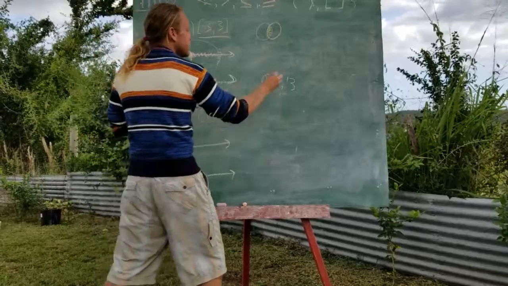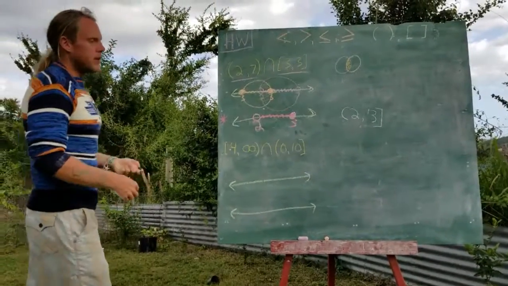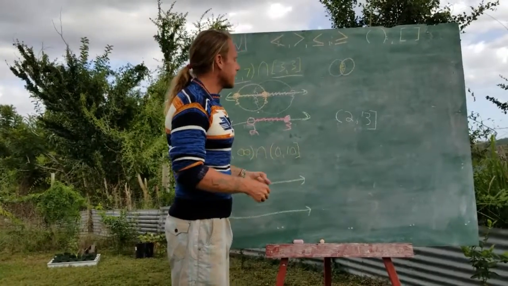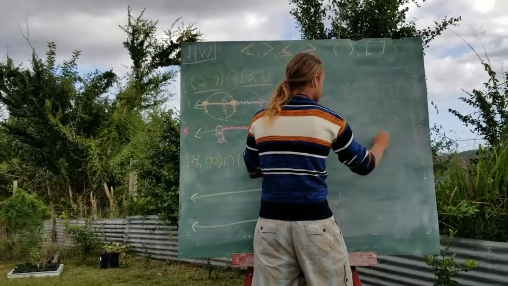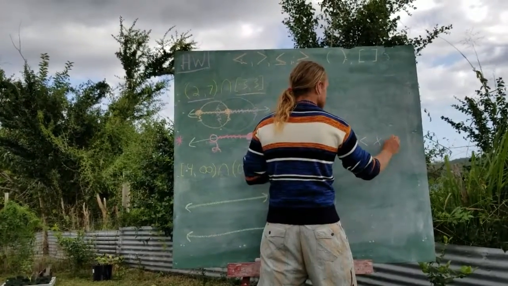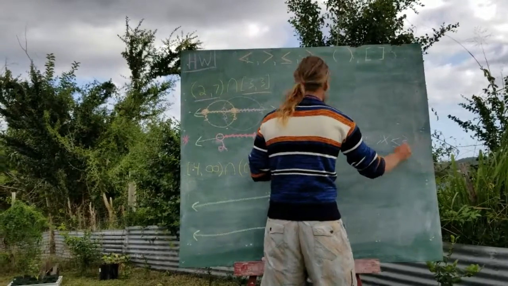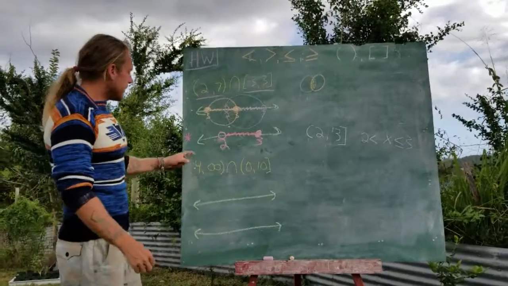We are including 3. So there we go. I don't believe we were required to do this, but if we were to write this as an inequality, we could say that 2 is less than x, and x is less than or equal to 3. There we go.